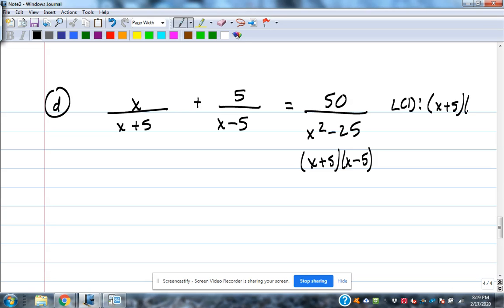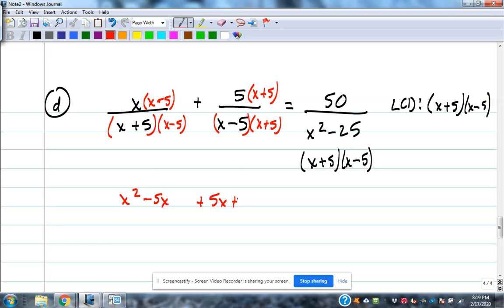Yeah, x plus 5 and x minus 5, because that happens to be what the other fractions had. So that works out nice for the numerator, or on the first one, got to multiply by x minus 5. And the second one, you got to multiply by x plus 5. And the third one, we don't have to multiply by anything. I like it when that happens. So here we have x squared minus 5x plus 5x plus 25 equal to 50.